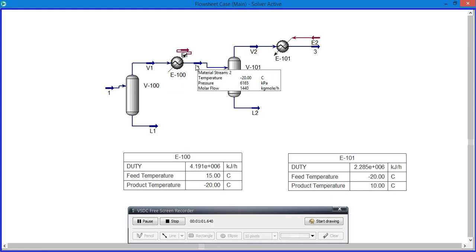So the idea here is to remove the E101 and feed the stream V2 in the heat exchanger to the shell side, and feed the stream V1 on the tube side.